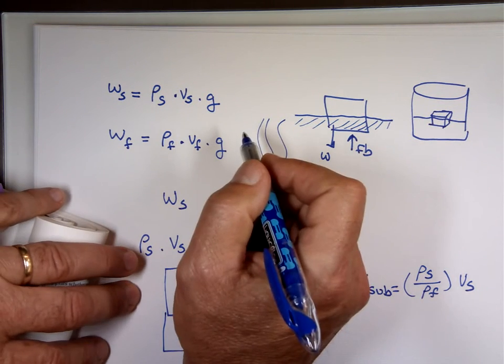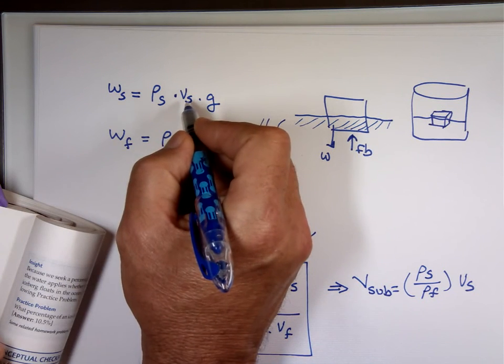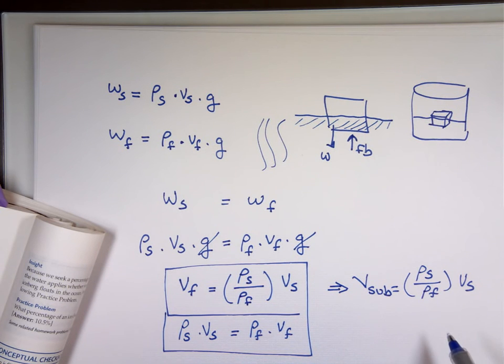I should use S here actually for the solid instead of submerged. The solid is actually the shape of this.